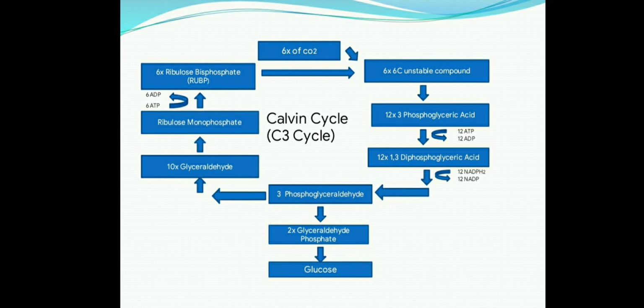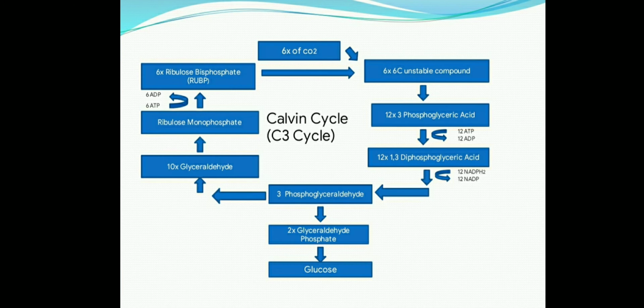This stage involves the utilization of 2 molecules of ATP for phosphorylation per CO2. With 6 CO2, it is 12 ATP molecules. Similarly, each CO2 requires 2 molecules of NADPH for reduction, so with 6 CO2s, it means a total of 12 NADPH. So overall in the reduction, 12 ATP and 12 NADPH2 molecules are used.